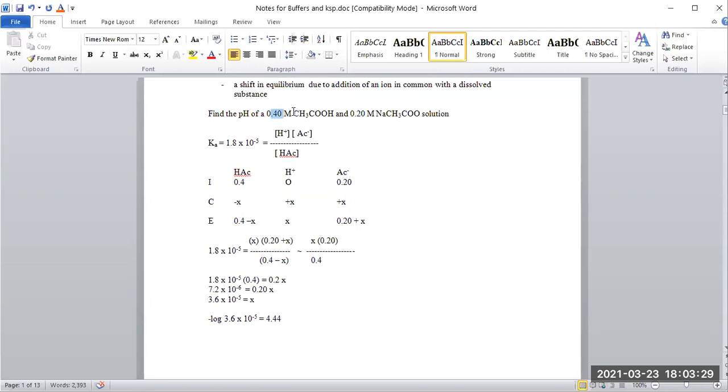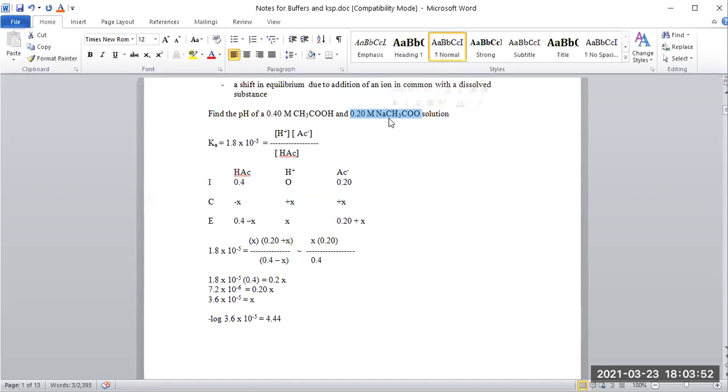So here up in the acetic acid, it's 0.4. Remember, if you did this in scientific notation, that would be 4 times 10 to the negative 1, not positive 1. Same idea for this one, okay? If I have 0.2, that's 2 times 10 to the negative 1.